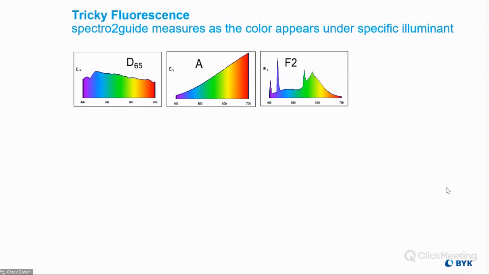So rather than just getting fluorescent colors based on whatever light source happens to be built into that instrument, you can get much more accurate color values for fluorescent colors because it is calculating it specifically for that illuminant, in a way that instruments without a built-in fluorimeter can't do. Right. Hopefully that makes sense to at least one of you.